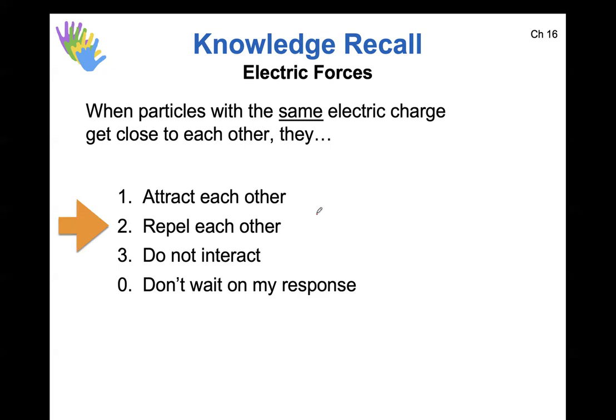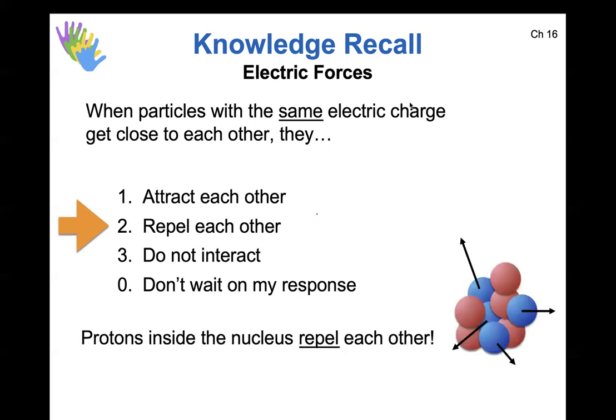Just don't forget that gravity is different. Gravity, everything attracts. Gravity is only attractive. So that means that inside of the nucleus, and I've always thought this is fascinating, because it just makes you wonder. All the protons inside the nucleus repel each other.